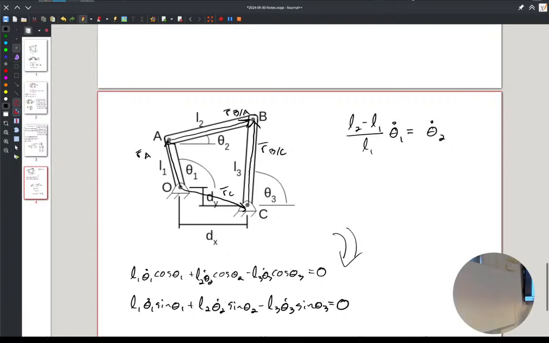But yeah, it would be a little different. And then if L3 happened to be equal to L2 or something. Yeah, so it's better to write out what are the vectors involved in the motion, and then start working from there.